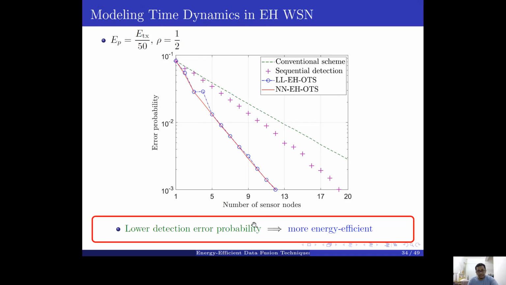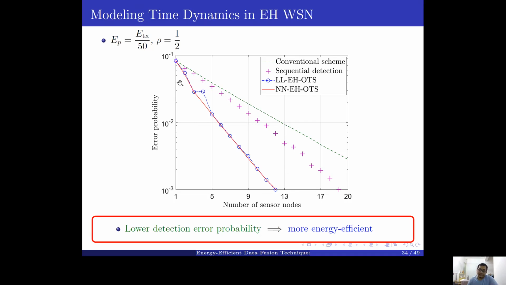Now let's try to see the behavior of the schemes when we model the battery energy evolution across the nodes and also model the impact of the pilot transmissions.